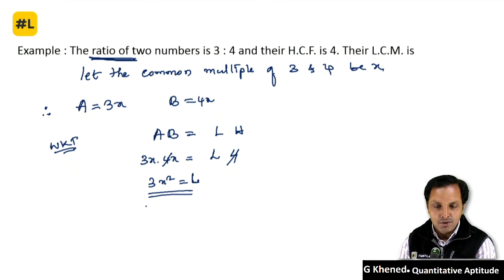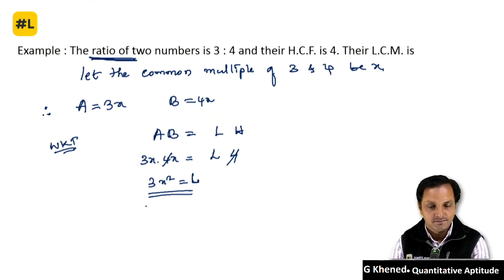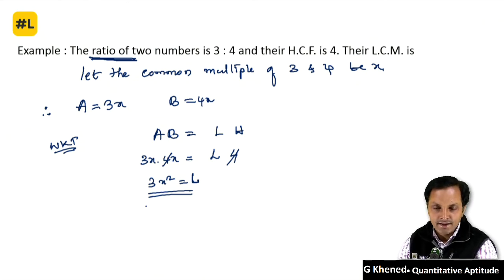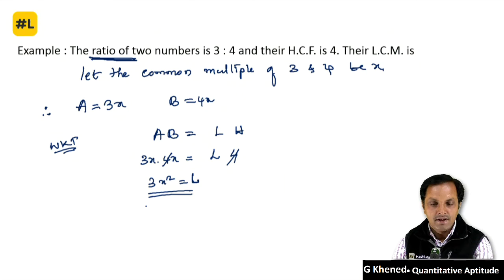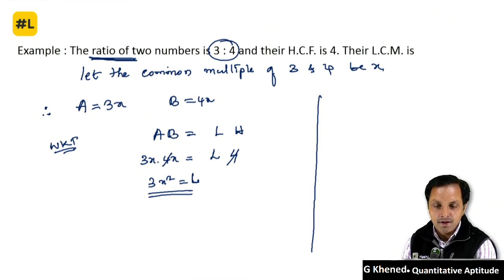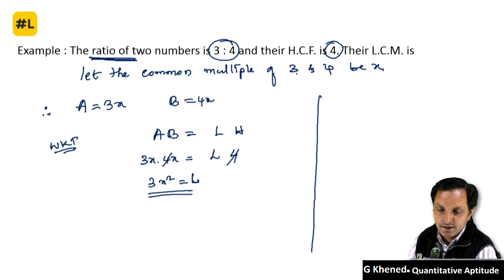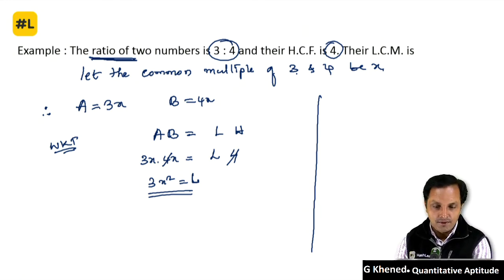Now you should be able to tell what is x. How will you find x? Very simple. The numbers are in the ratio 3:4 and their highest common factor is 4.